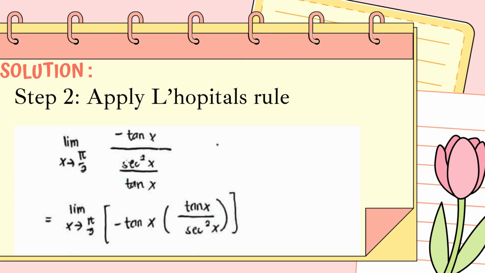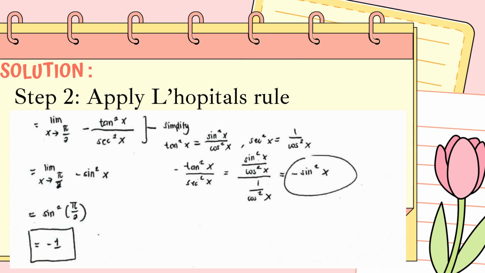We multiply, so we have negative tangent x times tangent x over secant squared x.